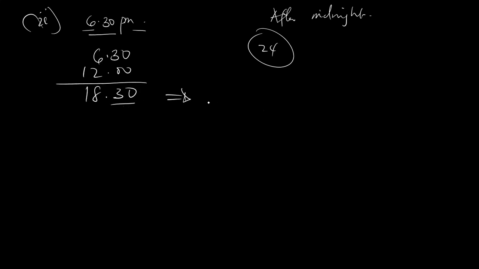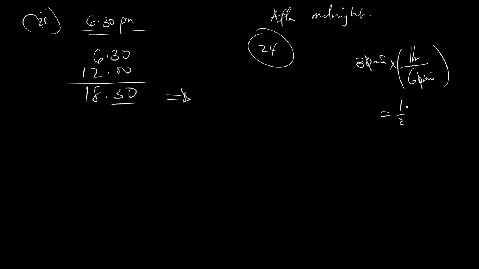Now this 30 minutes, you want to change it to hours, so you say times 1 hour over 60 minutes, because 1 hour is equivalent to 60 minutes.